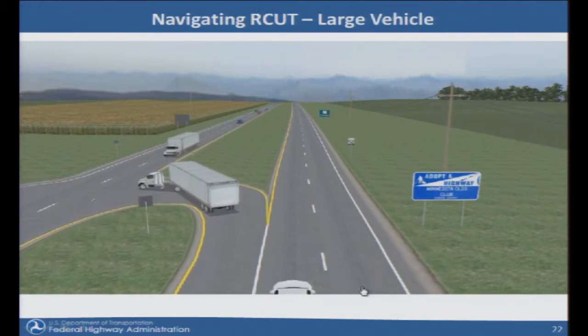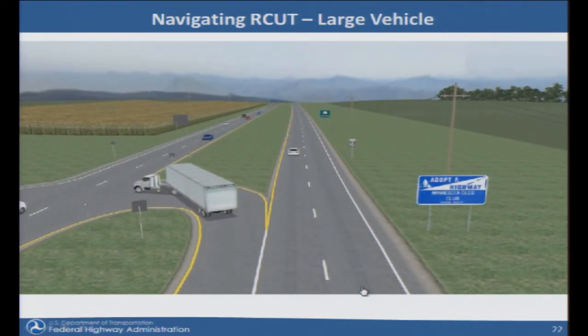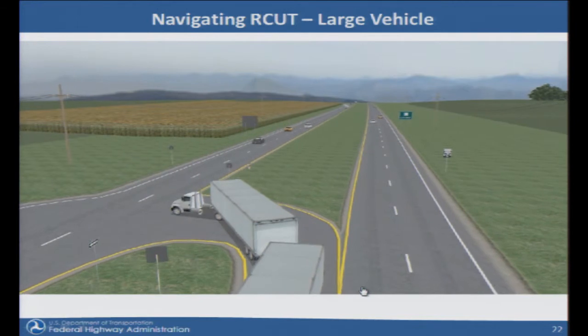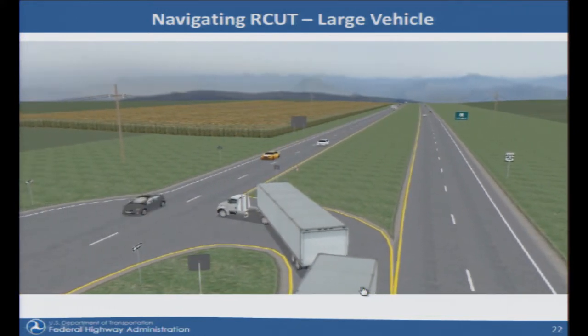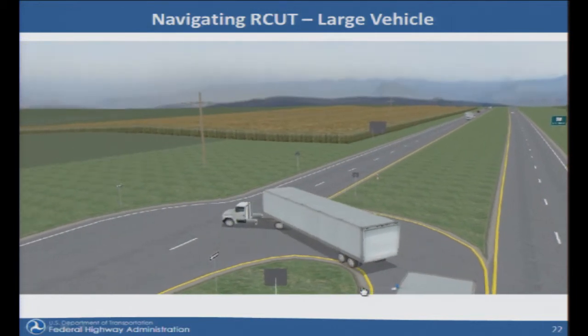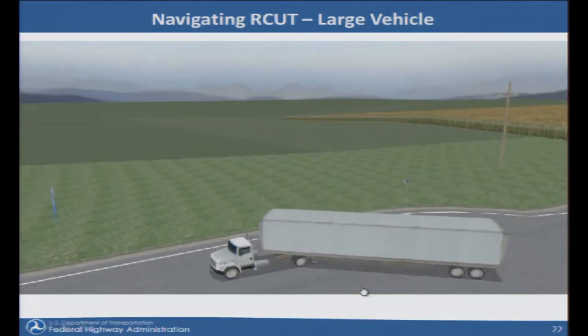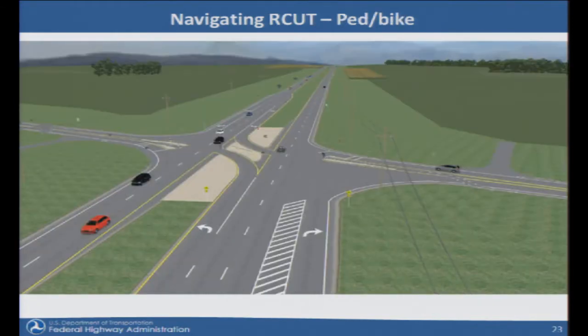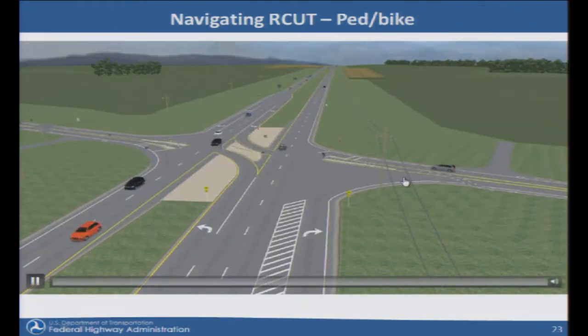There's a loon, it's called. And again, these are realistic traffic data. This is basically showing how a large vehicle will do this kind of move, okay?